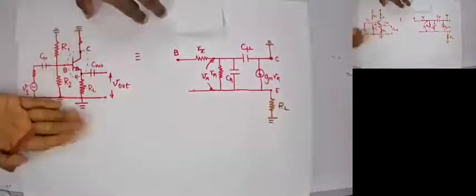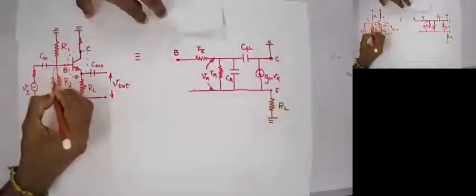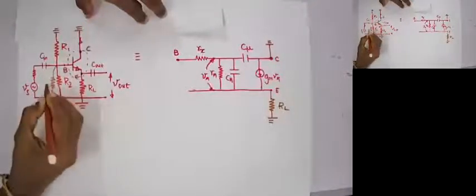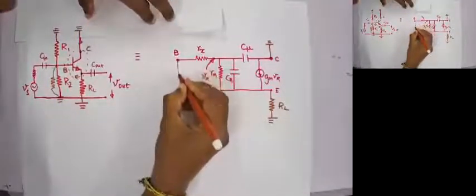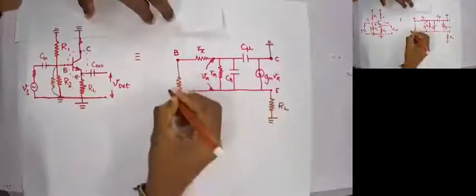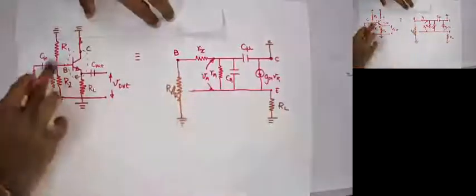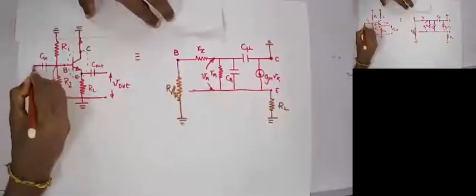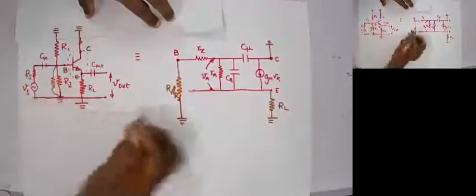Simply I can fold this one, so ground equipotential points, I can join together. So I may have two resistors which become R1 parallel R2. So from base to ground, I have a resistance which is R1 parallel R2, and then from base I have my RS, VS, and that is also grounded, right?